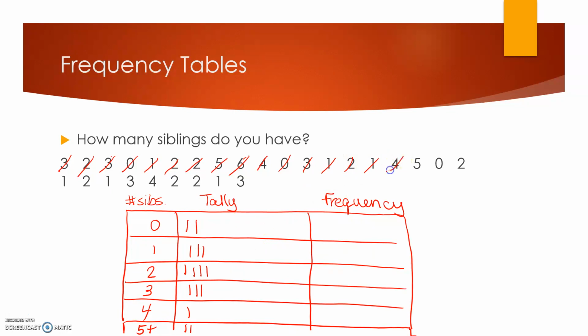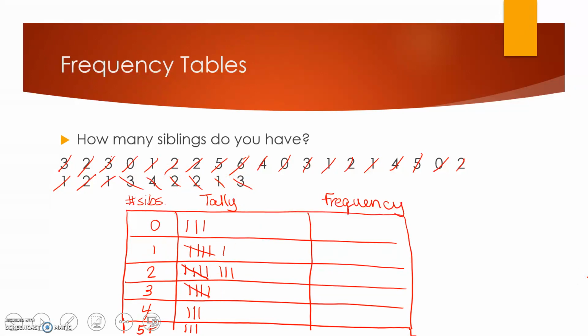If you can stay organized without crossing off each of these values, that's fine. But most people will find that they miss something if they don't do that. 2, 1. Oops, I just went the other way, but that's okay. 3, 4, and then 2 2s. 1 and 3.